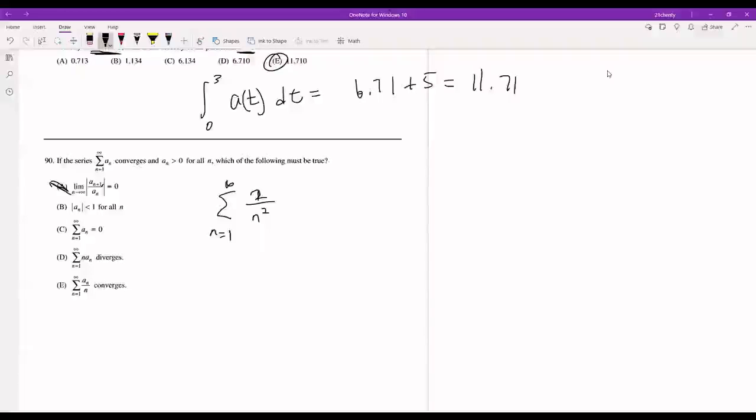But we could also easily say it's 2 times this, and this series still converges. So B is not true.